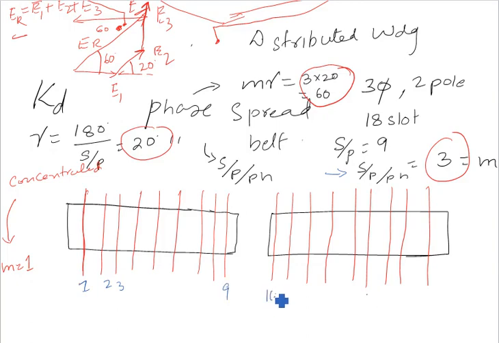I take this winding from conductor 1 and put it to 10, take it out from 10, and again put it to 1.